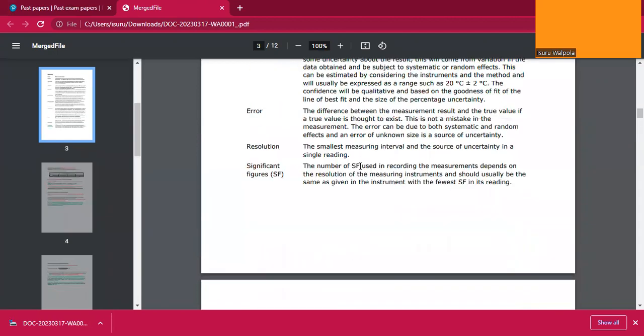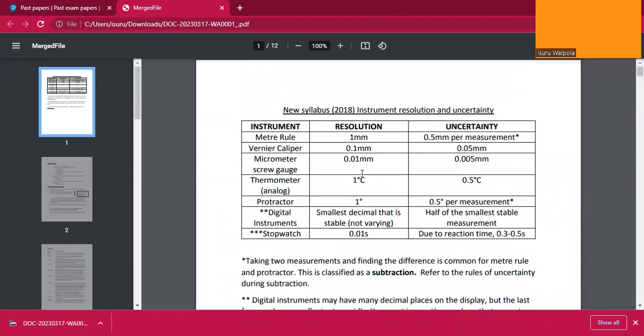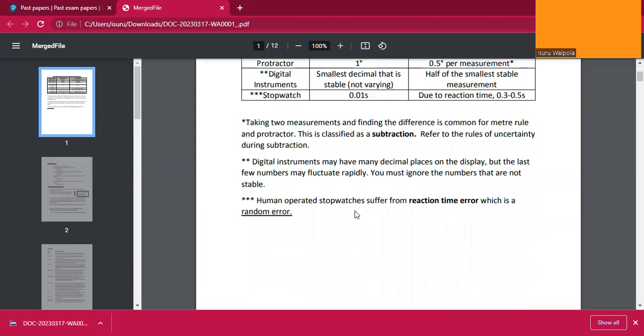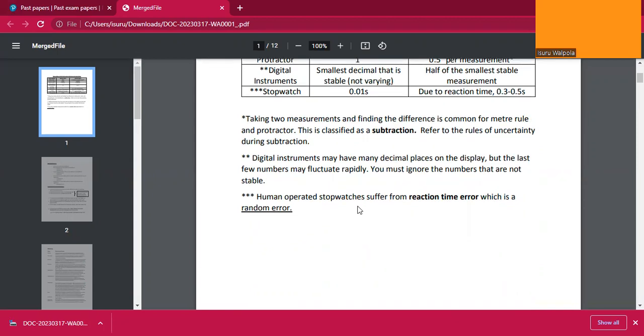Now on page 1, I've given a whole list of resolutions and their associated uncertainty. You might see that the uncertainty is exactly half the resolution in each case. You should still know this from unit 1 because they still ask it. Calculating percentage uncertainty, you can find even in a recent paper, I believe June 2022.